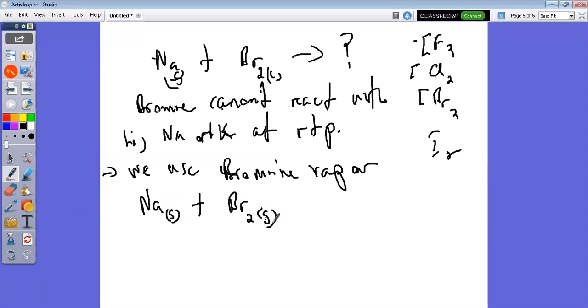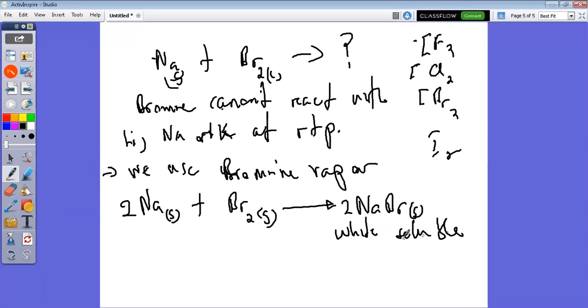We heat it until it's a vapor, then we react it with this. So now you form your sodium bromide. Again, this is a white soluble salt.